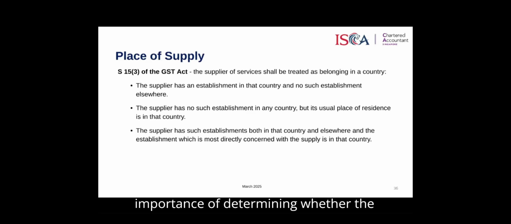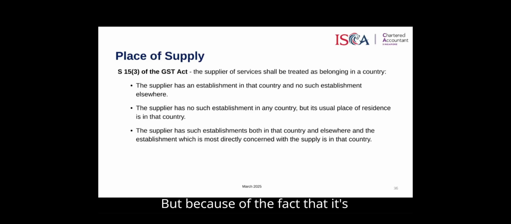The importance of determining whether the supplier of service will belong in a country is important from a GST perspective. This is because it will directly impact your determination of the place of supply. Now, let's look at some practical examples to understand the place of supply concept. If you walk into a McDonald's in Singapore, it will be established that McDonald's Singapore has an establishment in Singapore, and of course, there are such establishments elsewhere.